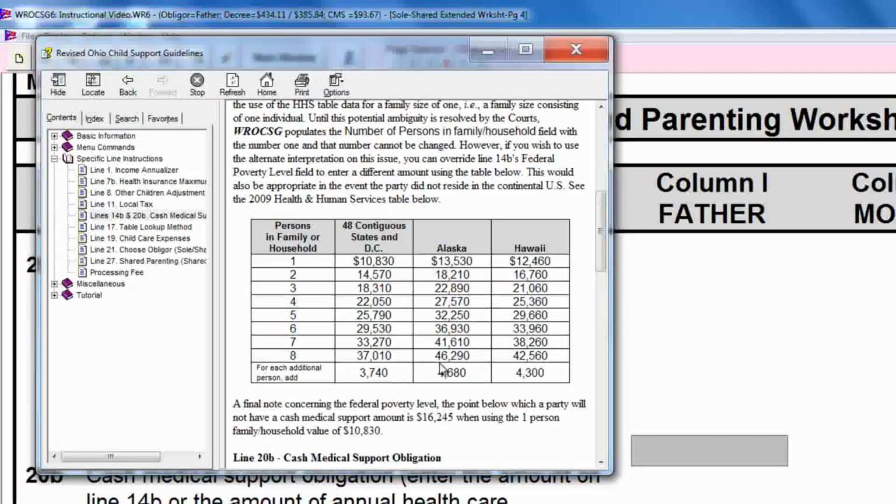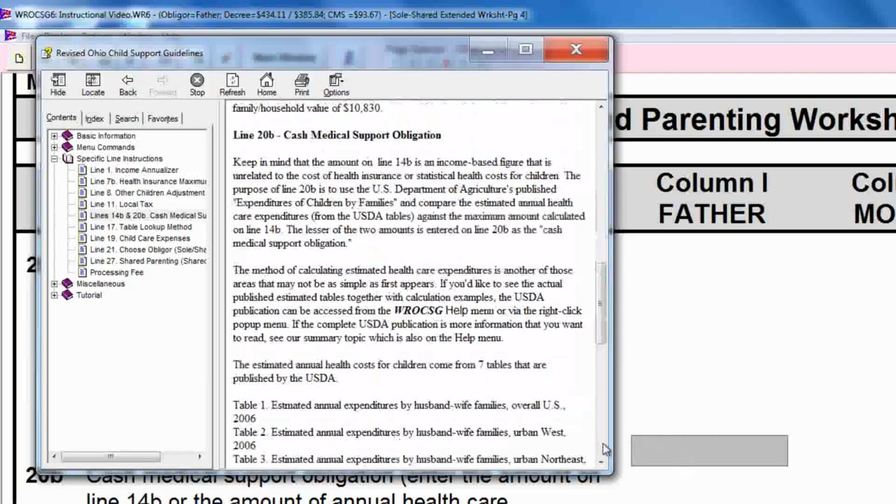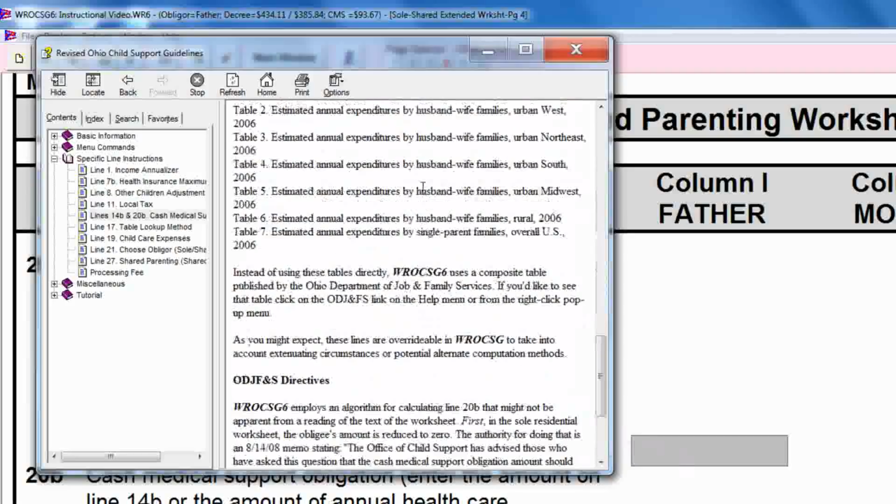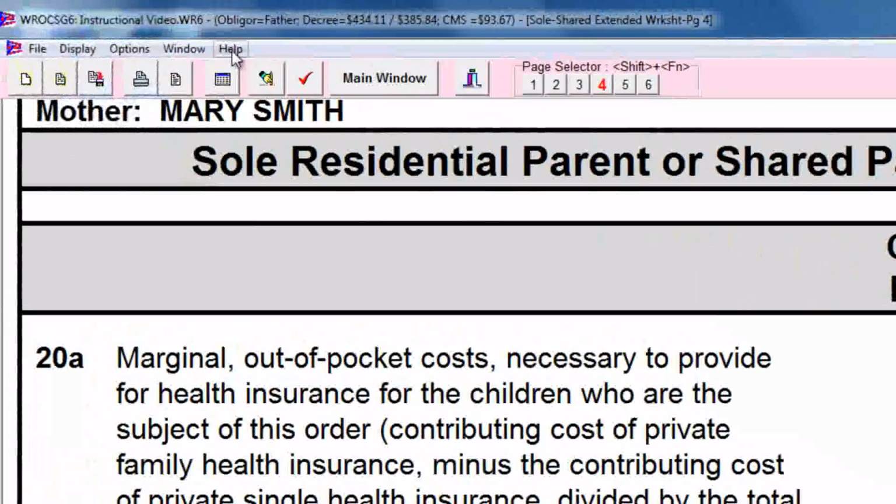For starters, there are 7 tables for different geographic areas, for single-parent families, and for rural areas. The tables themselves group children by age, but they're compiled for only one child, and consequently there are formulas that you've got to use when more than one child is involved.